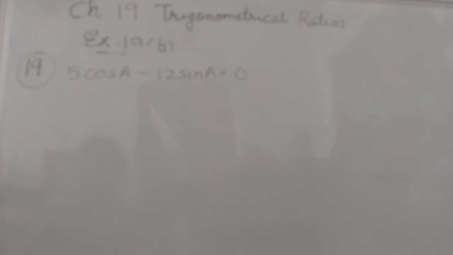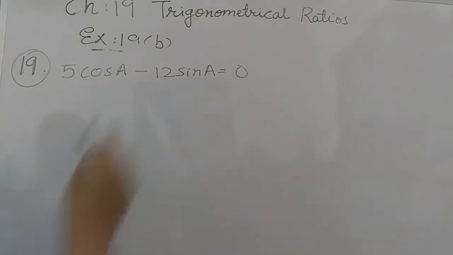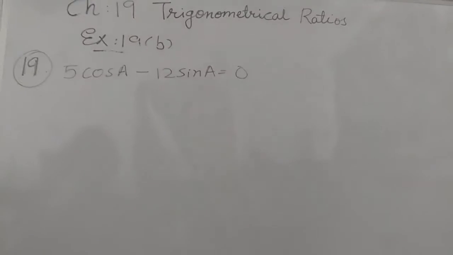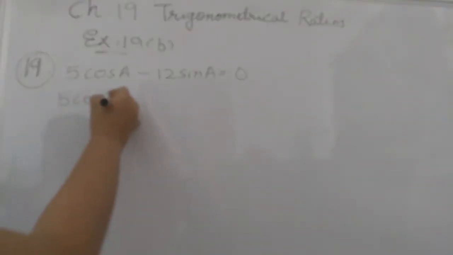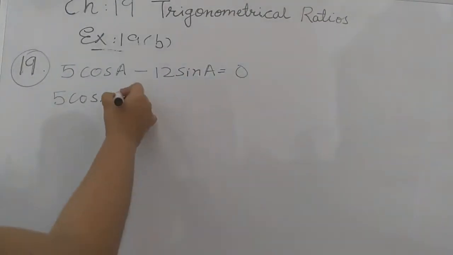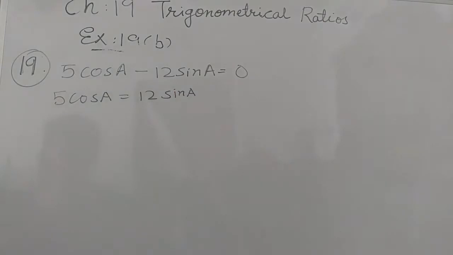Question number 19, that is the last question of our exercise 19b. You can see there is equation given here, 5 cos A minus 12 sine A is equal to 0. So now we solve this equation by taking this minus 12 sine on the right hand side. So it becomes 5 cos A is equal to 12 sine A. How?